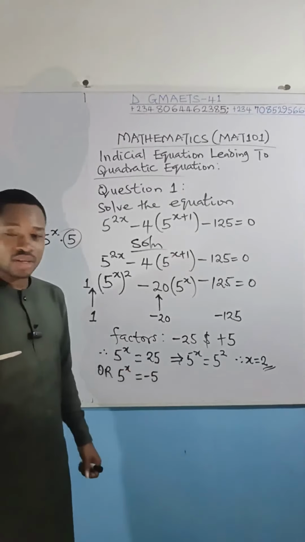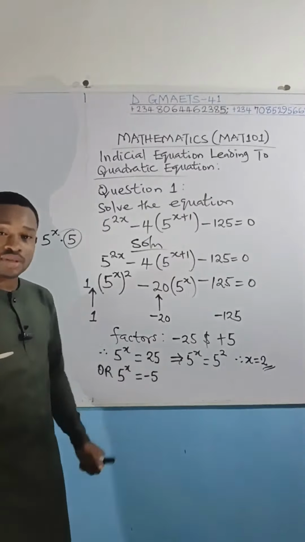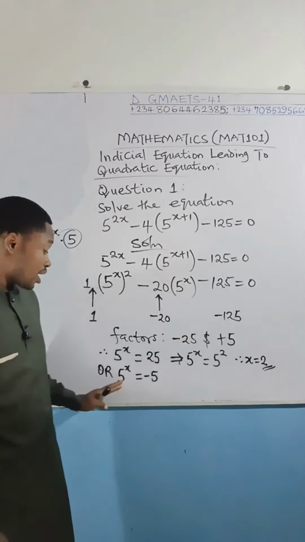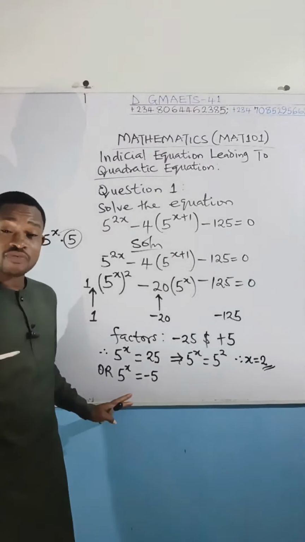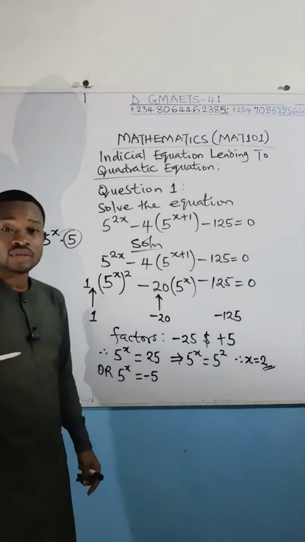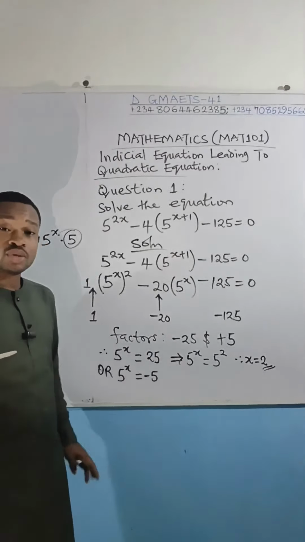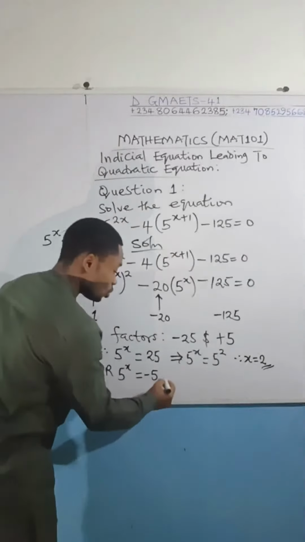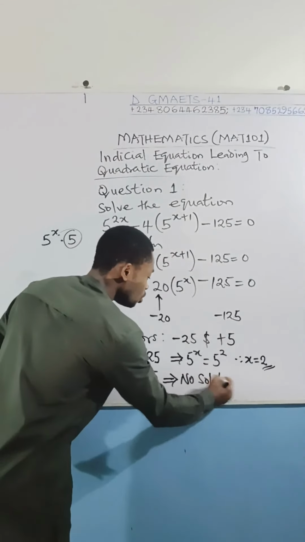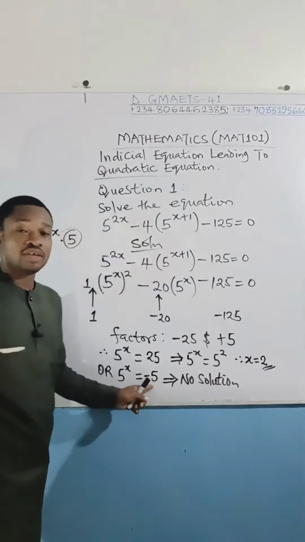Are you getting me? In this case, the bases are not the same, and this minus is a big problem for us. There is no way you can express both sides to have the same base. So in problems like this, you can say this one implies no solution. This cannot give you any result.